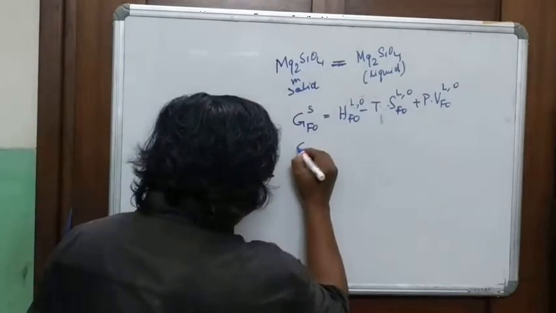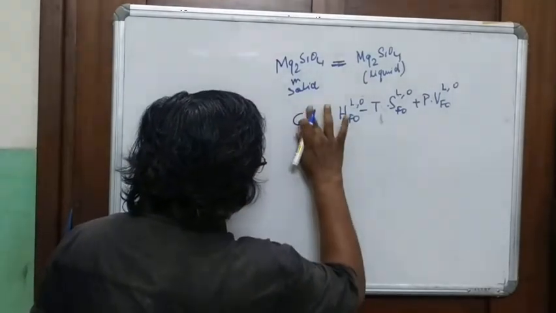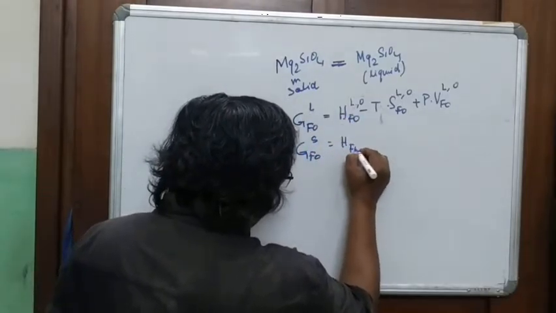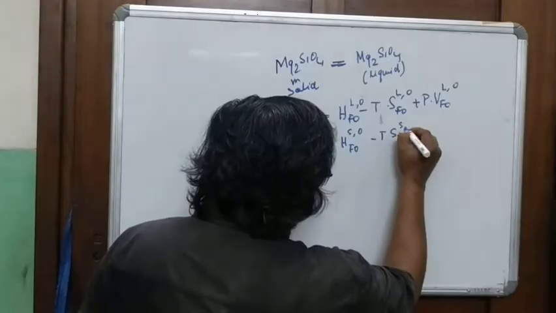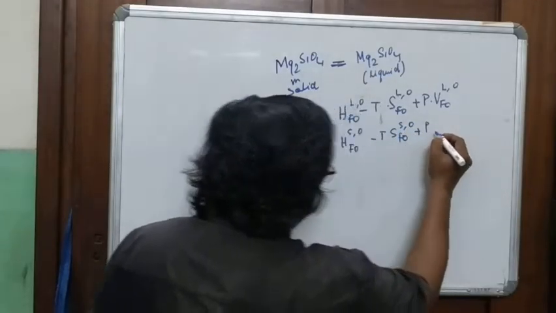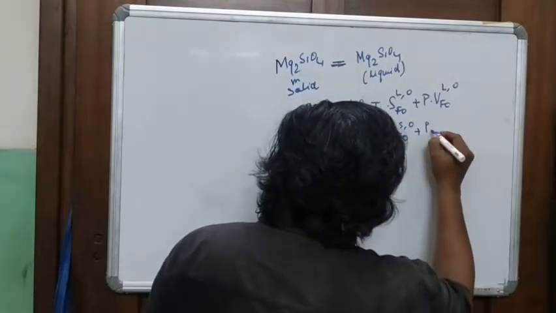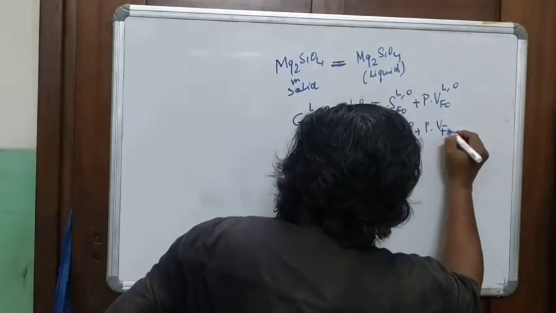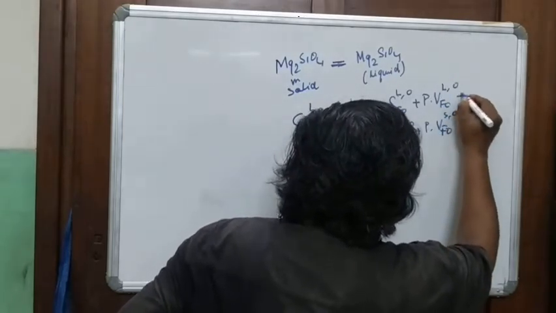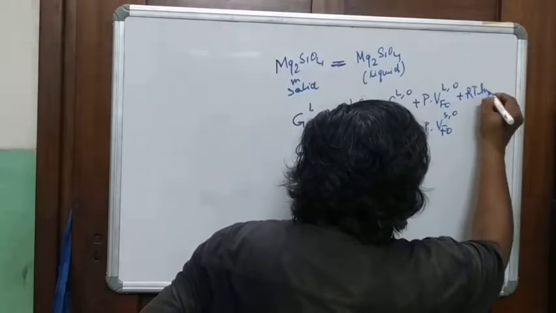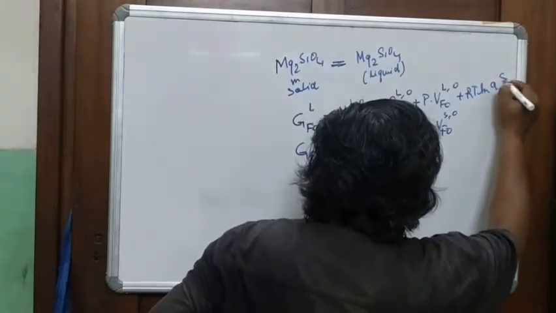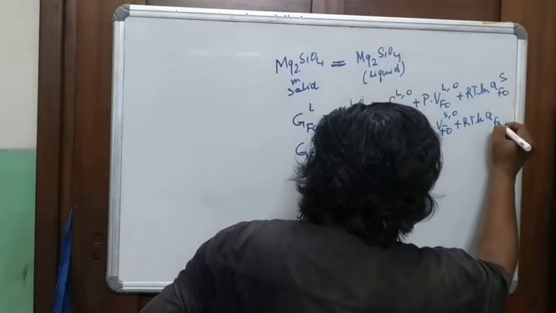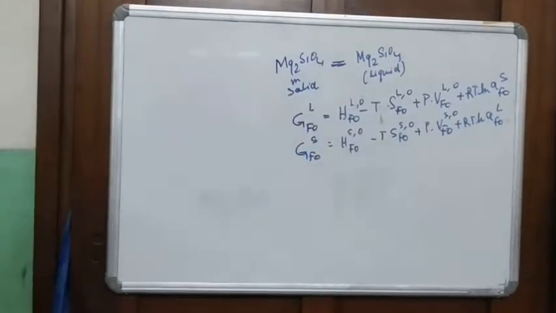And you will have another expression, G forsterite solid is equal to H forsterite solid zero plus P into V forsterite solid zero, plus RT ln activity of forsterite in the solid, plus RT ln activity of forsterite in the liquid.